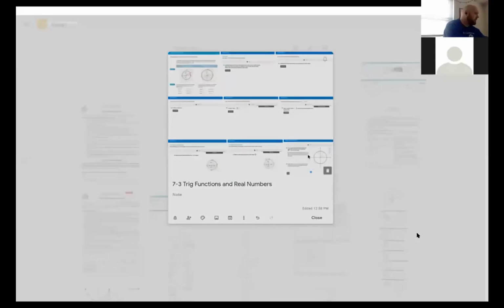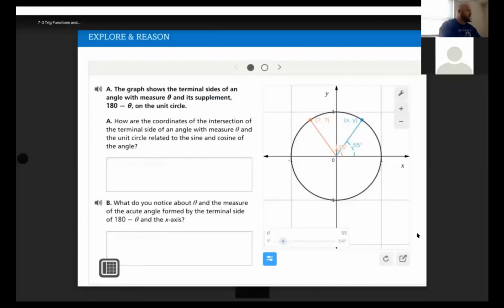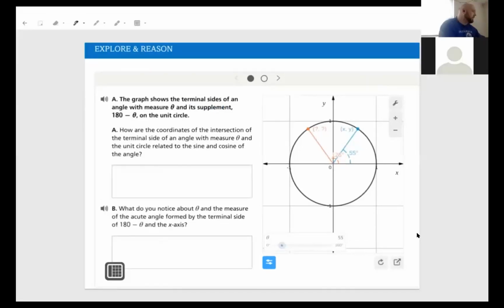Okay, so there we go. What we're going to do, I'm going to do this in blue real quick just so we can see the same color.